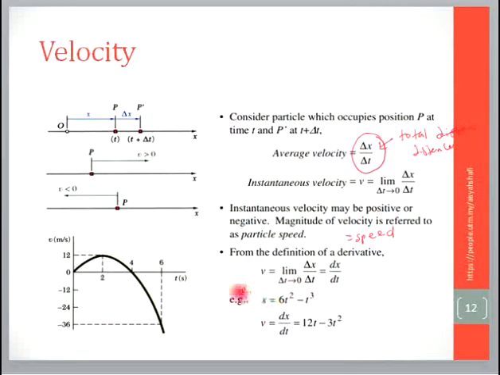For example, if the equation for x is 6t squared minus t to the power of 3, then dx/dt is 12t minus 3t squared. So you need to know the derivative. So v is dx over dt.